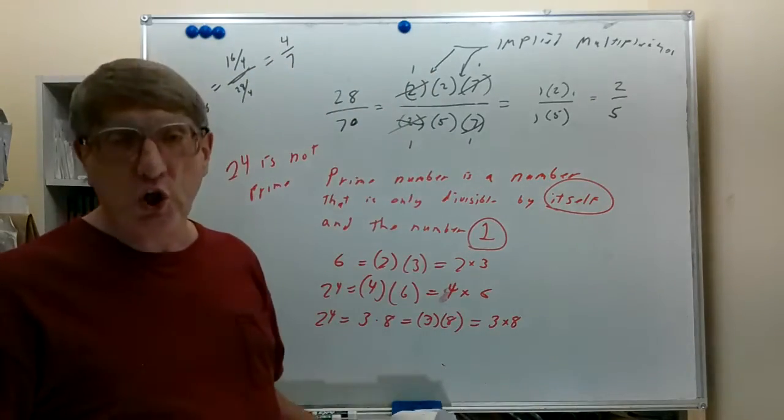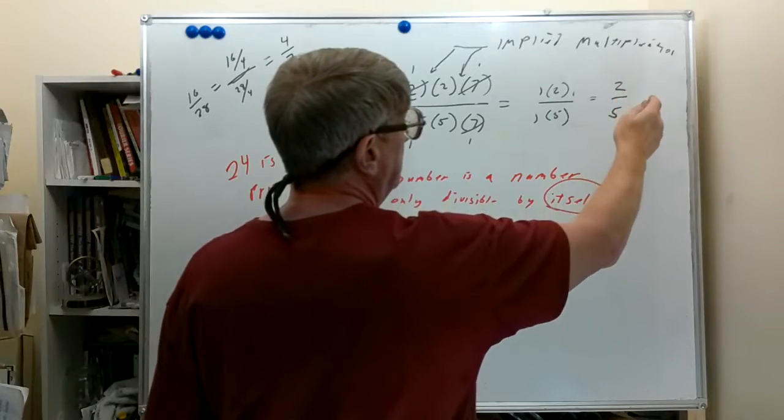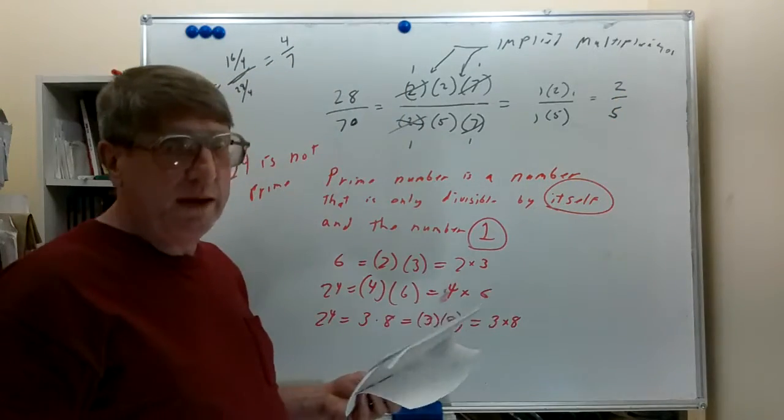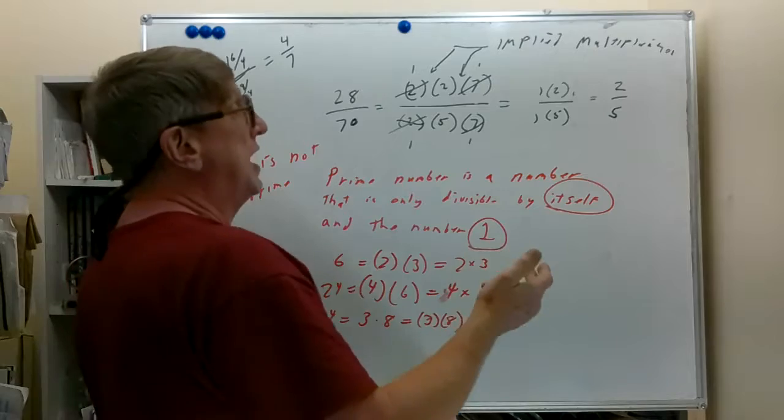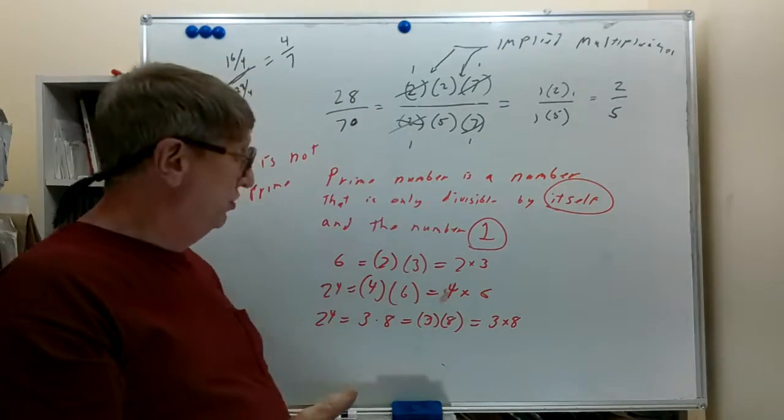It's in what we call lowest terms. There are no numbers that will divide into 2 and also will divide into 6 evenly. So there are no common divisors between 5 and 2, so we cannot reduce this fraction to lower terms.